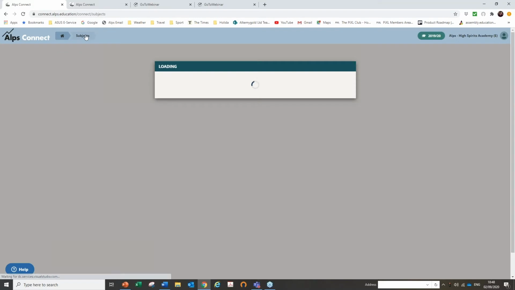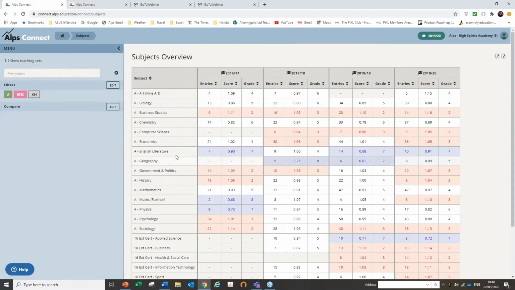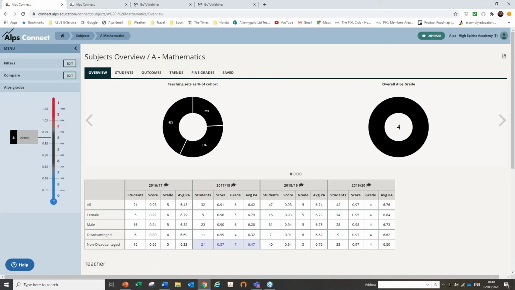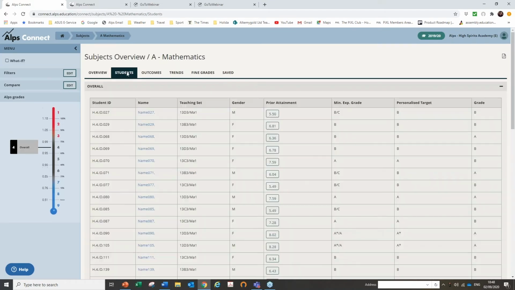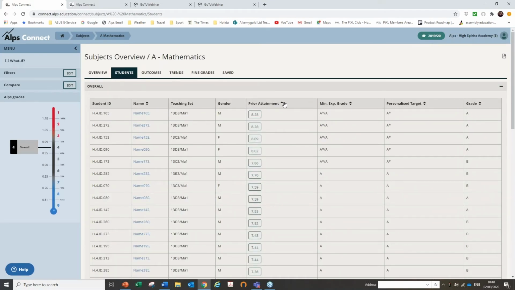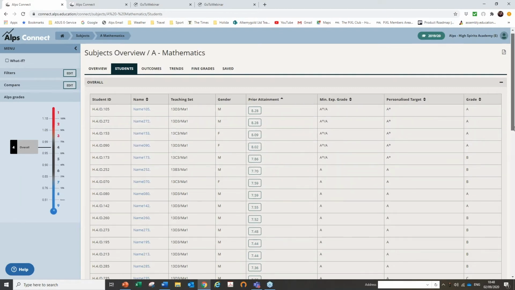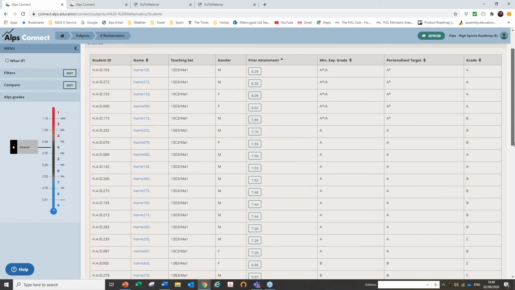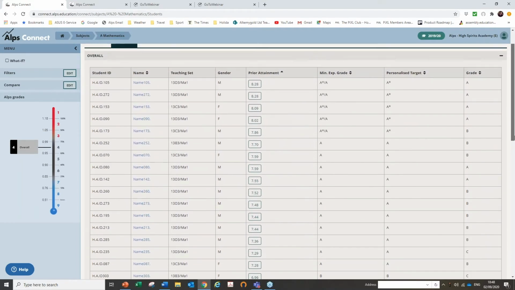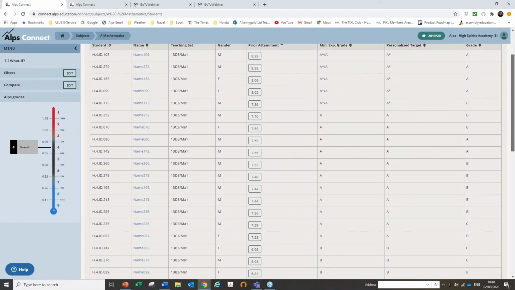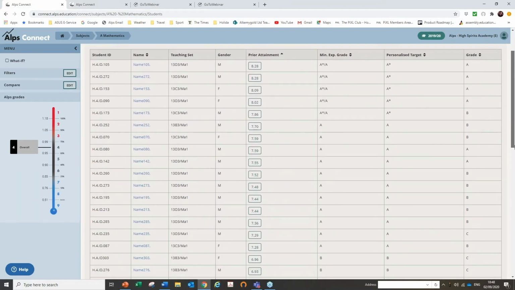I'm going to nip back, however, to quickly also, as I said, look at maths, the other big subject near the top, have a flip to their students, switch and have a look at their prior attainment, and that actually revealed again here that maths has awarded no A stars at all when submitting the centre assessed grades.